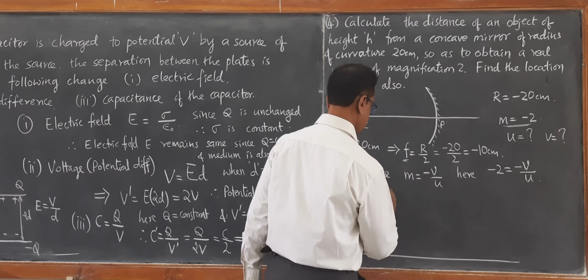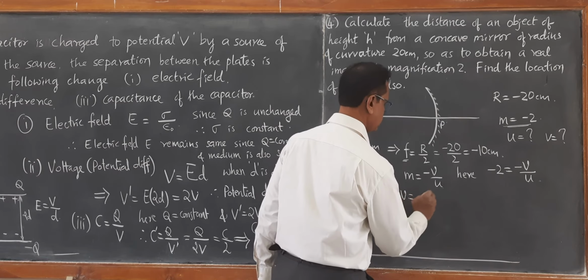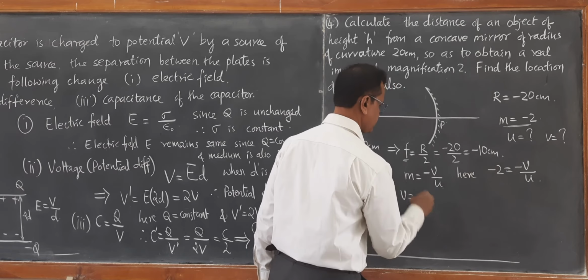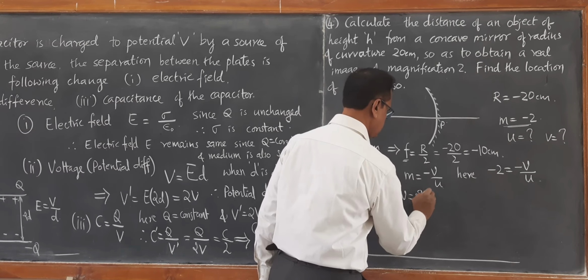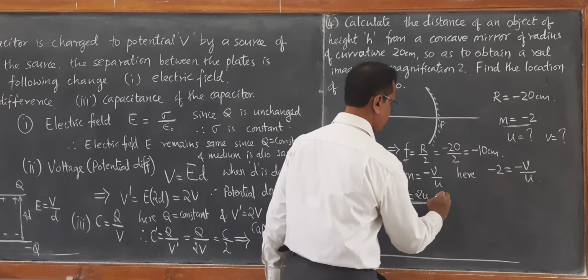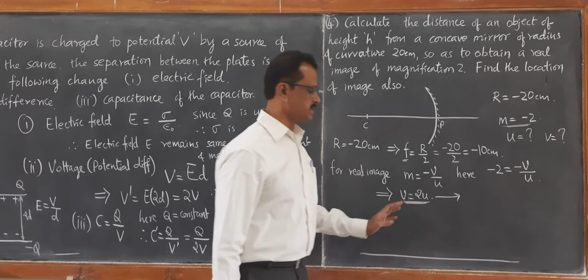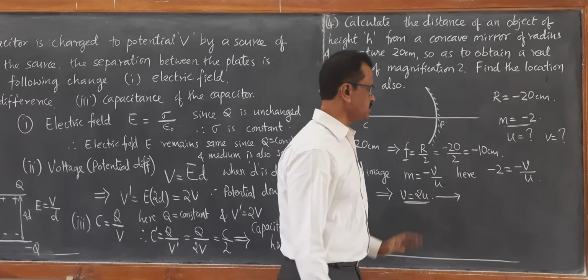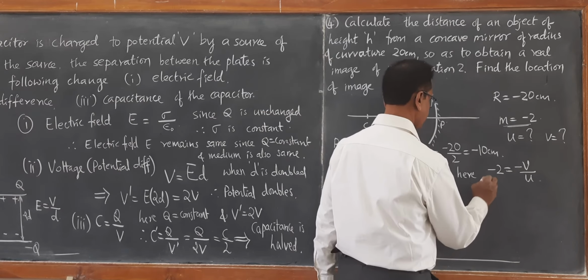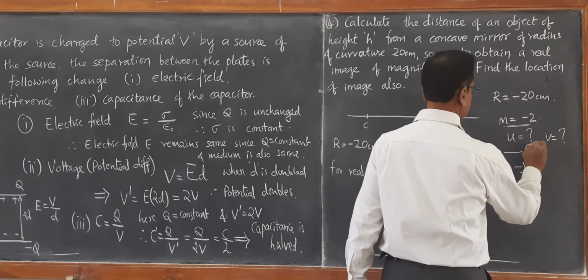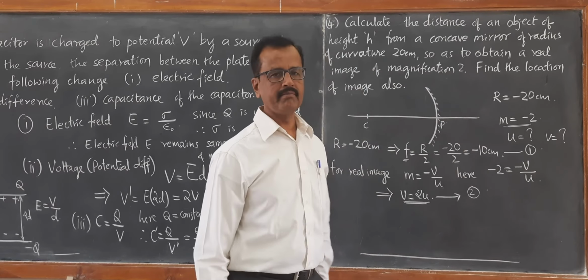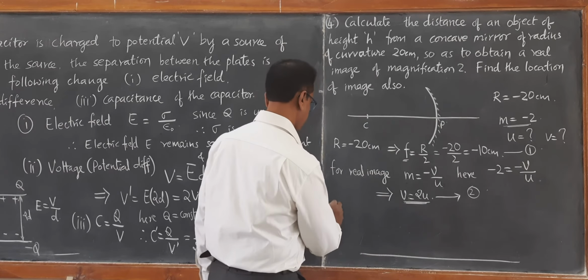So this implies v is equal to 2u. Therefore, image distance is twice the object distance, that is obtained from this equation. Call this one as 1 and this one as 2. Now we can make use of the mirror formula.